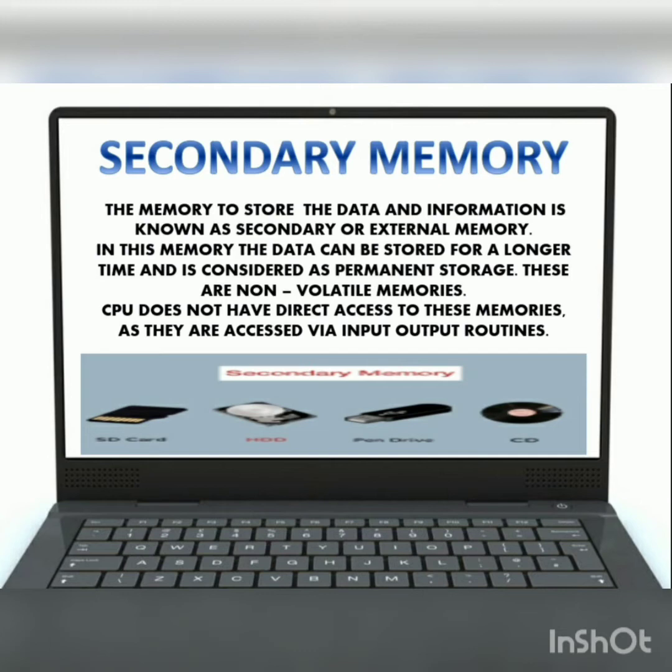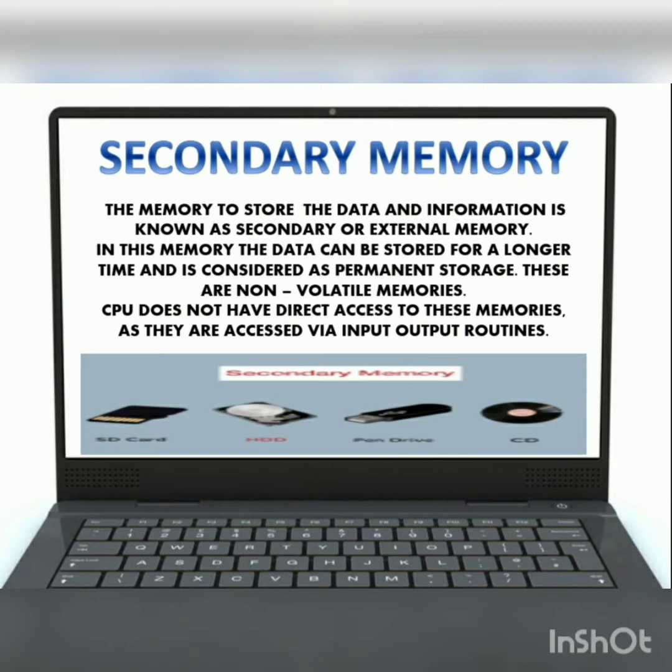These are not permanently attached to the computer. So when you insert the pen drive into your computer, then only the CPU gets access to that pen drive. That is secondary memory. There are other examples also. SD card, HDD. HDD stands for hard disk drive. Pen drive. CD stands for compact disk.